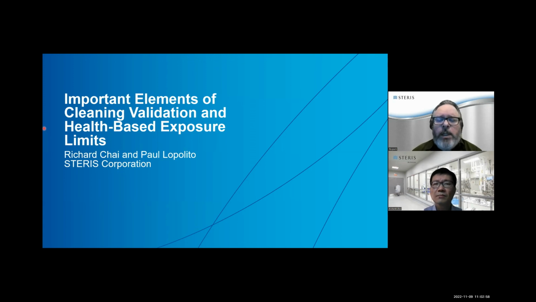And if you are looking at setting that to be more quantitative or a limit test, then it's preferable to do some spiking studies of the acceptance limit on the surface, and then qualify operators based on distance and lighting and angle and use of eyewear or goggles or face shields, and then determine what is the limit that can be visibly detected given those criteria.